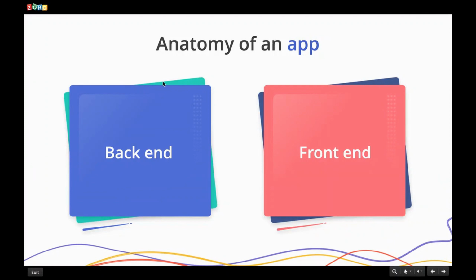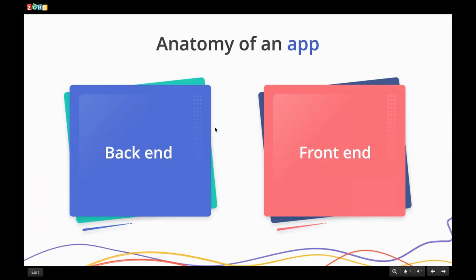So when we look into the anatomy of any application, it will have two areas. One will be the backend, which will be the processing engine of the application. And the other will be the front end, which is where the user will interact with the actual app.